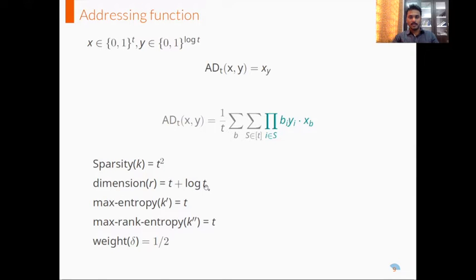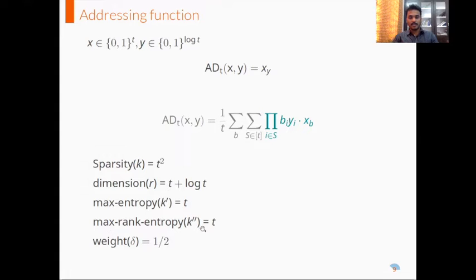And the function depends on t plus log t bits, so the dimension is t plus log t. And again, recall that max rank entropy is the inverse of the smallest Fourier coefficient in absolute value, so it turns out to be t here.